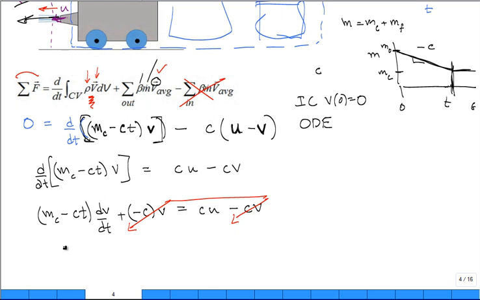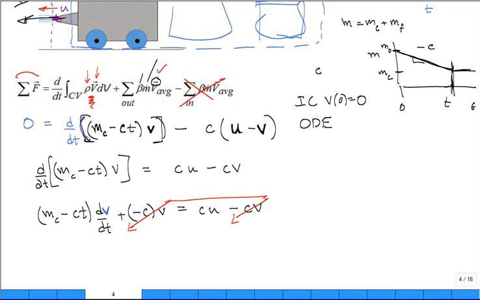Time, lowercase t. What's my dependent variable? Speed of the cart, rocket car, whatever I'm calling it. That's lowercase v, true? So there's v. Is there any place else where there's a v? I'm so thankful those just canceled. Otherwise, it'd be a nastier problem.